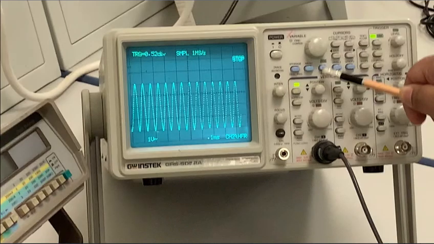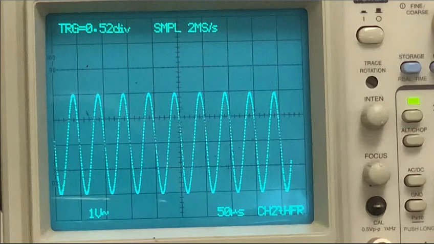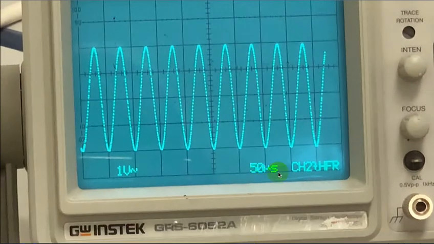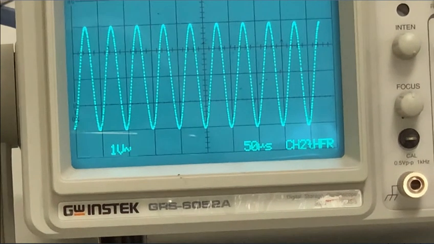Make the frequency 20 kilohertz. So now it is 50 micro. It was around 1, so let us set it properly.